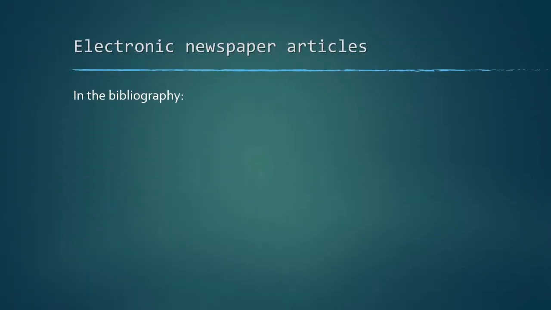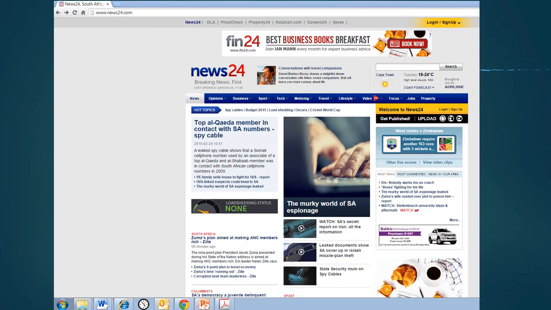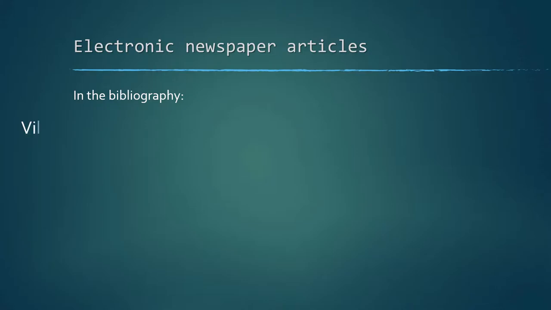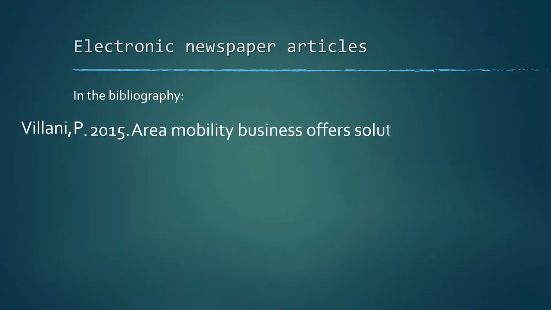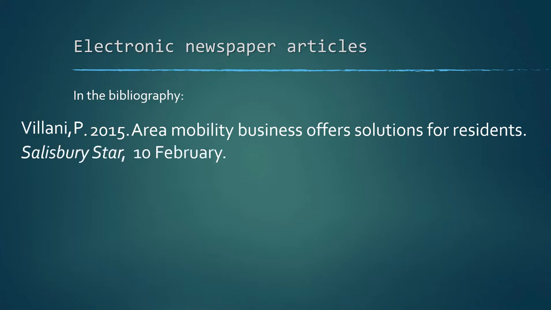Sometimes, however, especially nowadays, we find our news on the internet. Should the article that we are referencing have come from the internet, an electronic version of the newspaper, the reference would stay the same, but now without a specific page number, as there wouldn't be one. We will, however, have to direct our readers to the electronic newspaper, and we do this by adding the following information to the reference.